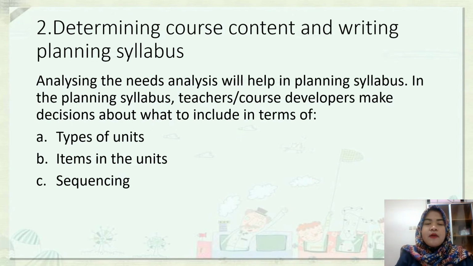Second is determining course content and writing the planning syllabus. After doing the analysis, they are determining course content. Needs analysis plays an important role in determining course content in ESP. And in ESP, course content includes real content and carrier content.